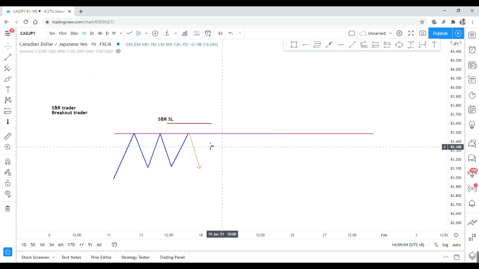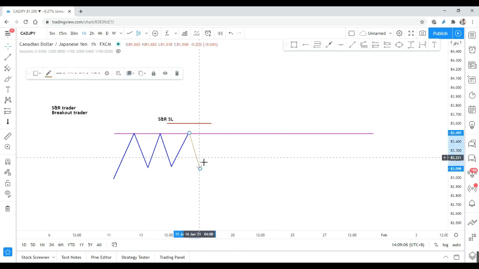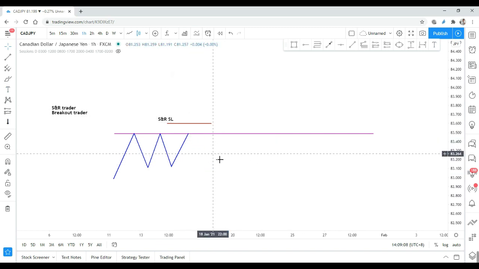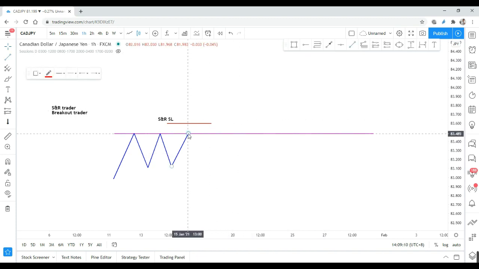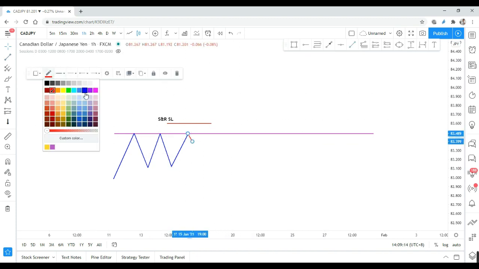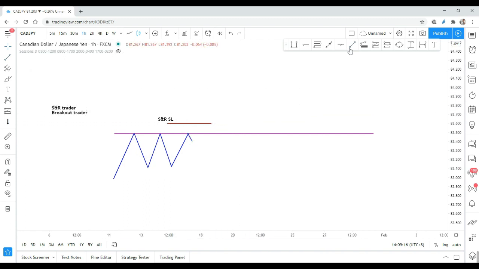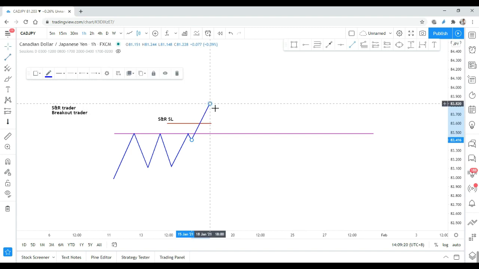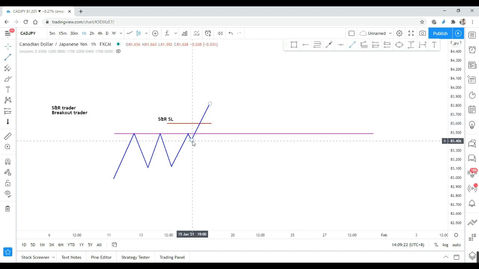Instead of the price rebounding, the price moves down a bit, then makes a movement up and stops you out.